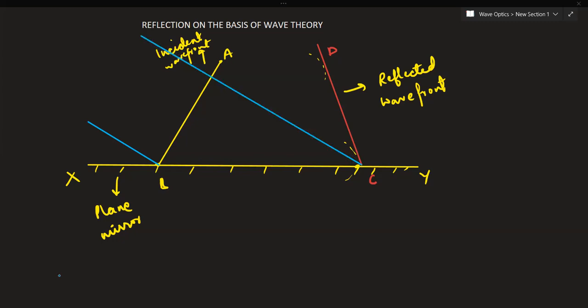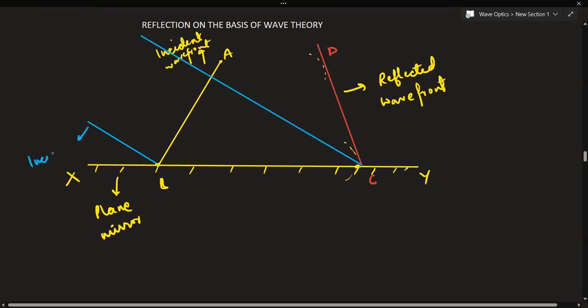These are the incident rays. And since I've told you, rays are always perpendicular to the wavefront, this is making an angle of 90 degrees, and this is also making an angle of 90 degrees.